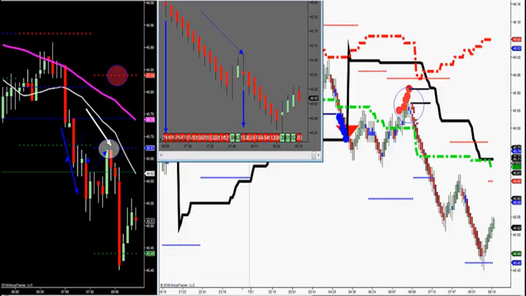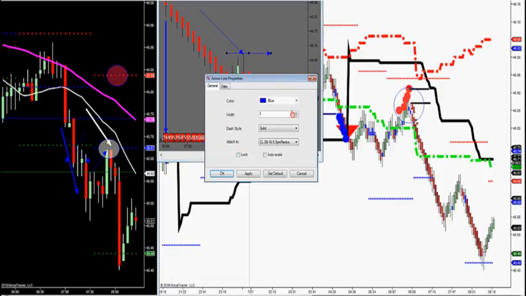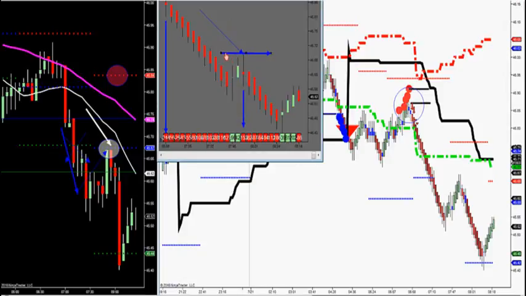Then it retested. Right here is my control point, right at it. It touched it almost to the exact tick. That's what our market profile does. Right there it is resting right over here. There's 1 tick above it, within 2 ticks.